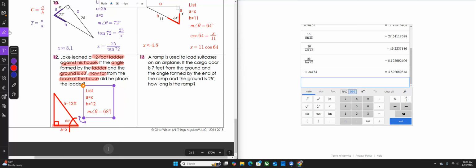And we have A and H, so we're going to do CAH. So that's going to be our cosine. And then it's going to be equal to our unknown value over 12.